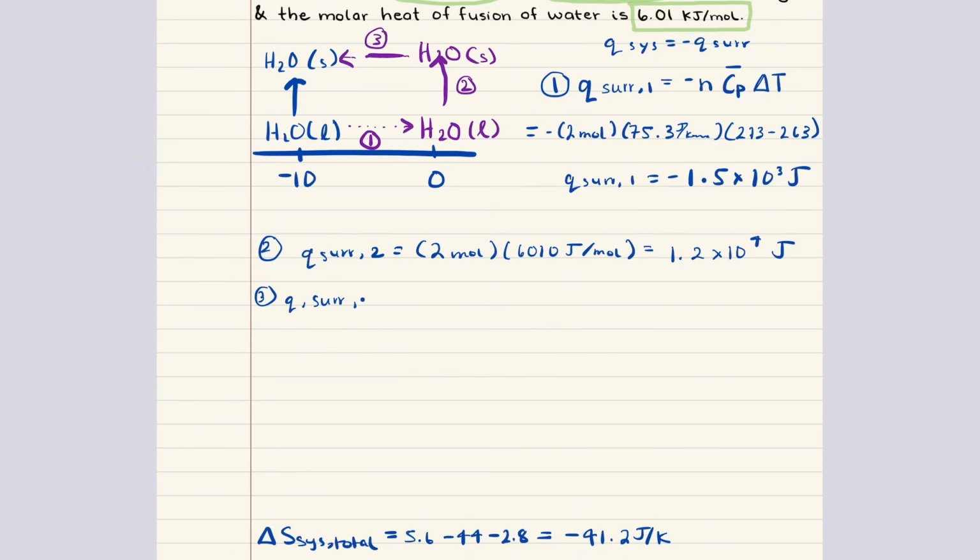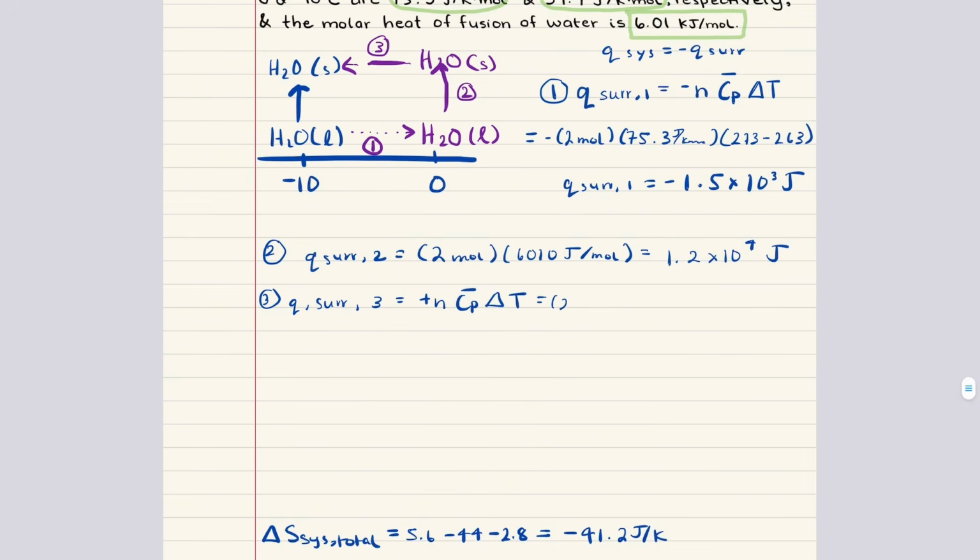Then during step 3, the ice cools and again releases heat. So Q surroundings for path 3 is equal to positive N times molar Cp ice times delta T, and that is approximately equal to positive 7.54 times 10 to the 2 joules.